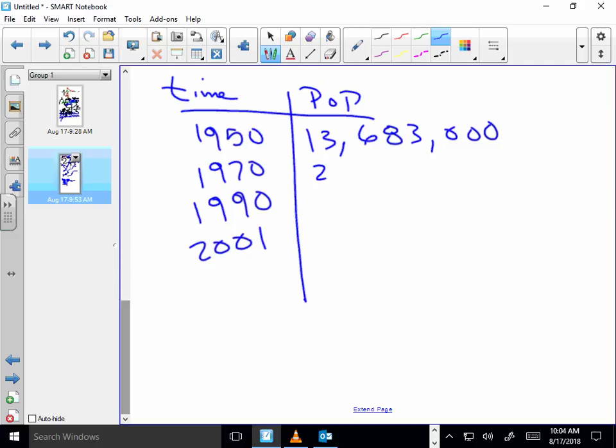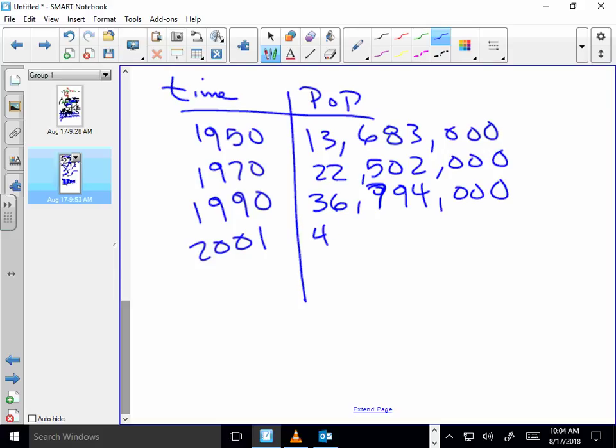We had 22,502, we had 36,794, and we have 44,819,777.